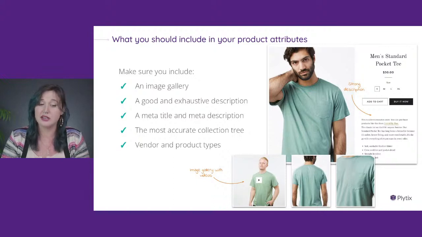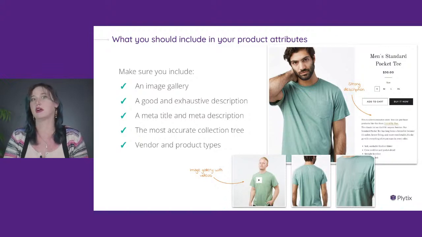So you'll need an image gallery. This can also include 3D models and videos, and it helps the customers get a better idea of what your product is. It also helps sell the product as well as mitigate returns that come from a misleading image or a lack of images.